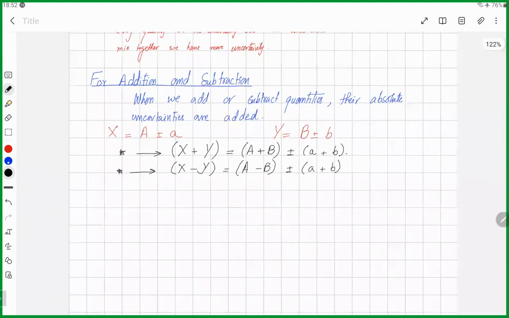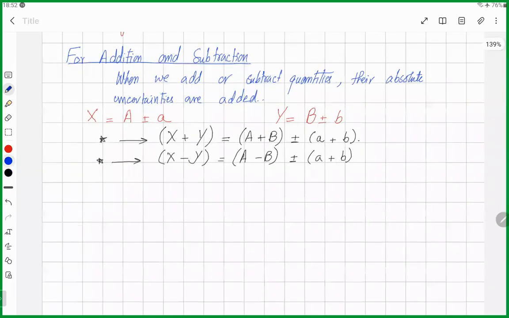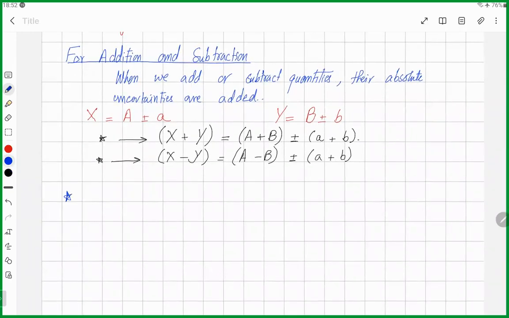Now, fractional uncertainty. A very misleading question that a teacher can ask in a class is that if we measure the length of something and we get an uncertainty of 0.1 millimeter, that means 1/10 of a millimeter, is that a large uncertainty or a small uncertainty?